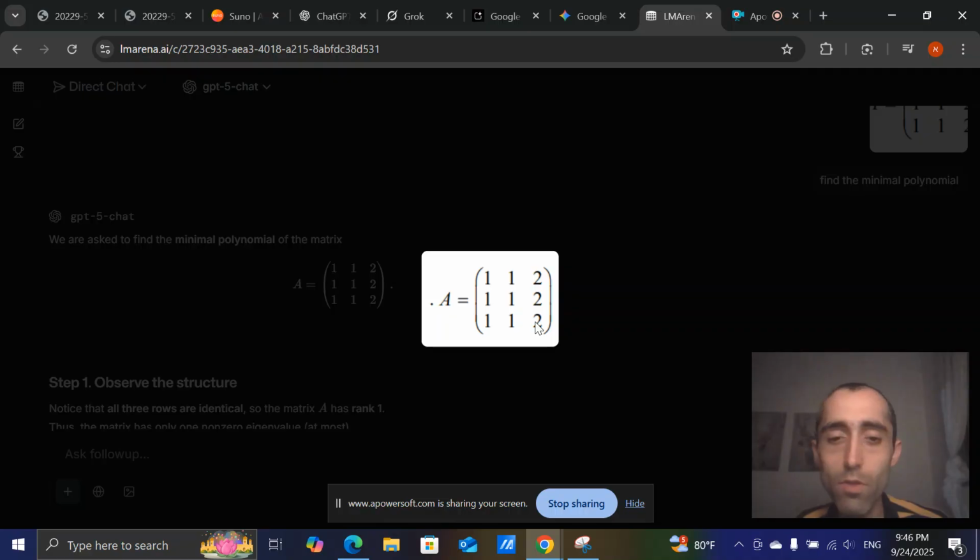So the third eigenvalue must be 4, and it has algebraic multiplicity of 1, and therefore it has geometric multiplicity of 1 also, because it cannot be more than the algebraic multiplicity.